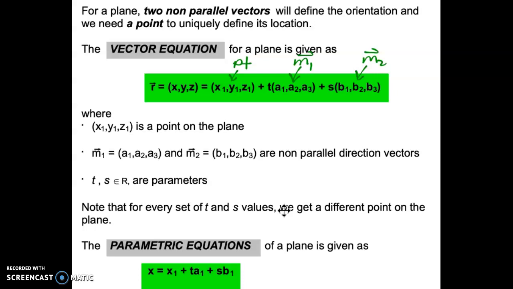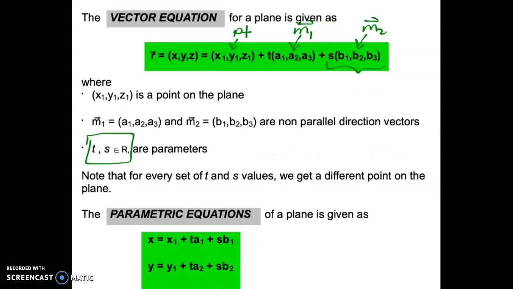So it's really like a line, just we've added on this extra bit of another direction vector with another parameter. And just like before, t and s are elements of the real numbers. So there's the vector equation, very similar. If you can do a vector equation of a line, you can do a vector equation of a plane.